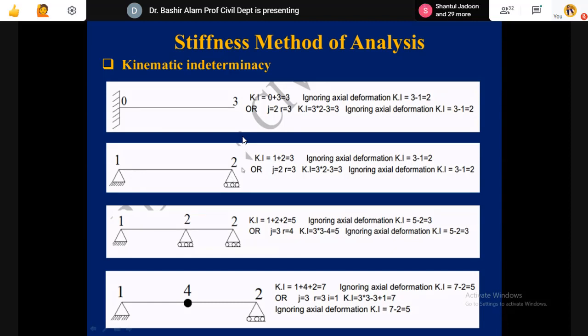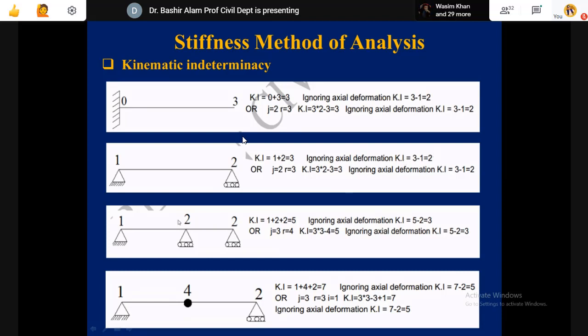J is equal to 2 joints. For R, we have 3 reactions, vertical and horizontal at 1 and vertical at 2. Now kinematic indeterminacy is 3 times 2 minus 3, so 3 degrees. You see we have the same result. If we ignore the axial effect, one member we need to subtract, so it becomes 2 degrees kinematically indeterminate.